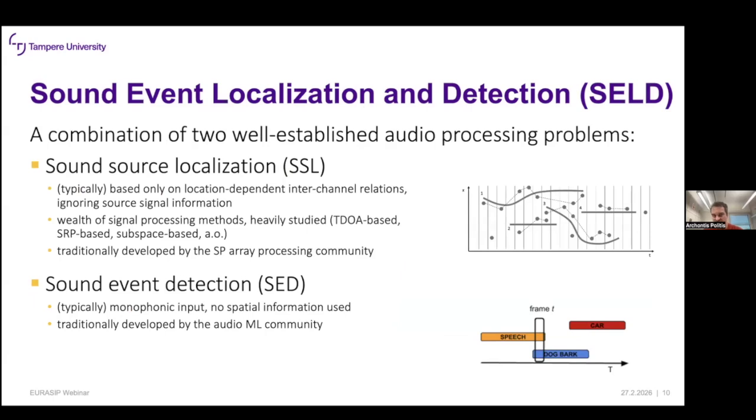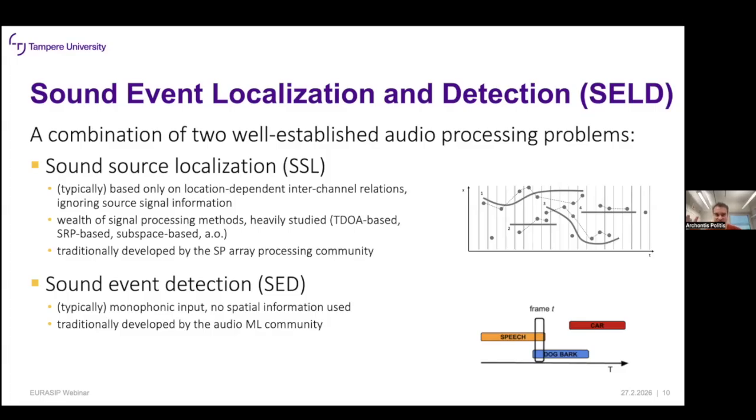So that brings us to this sound event localization and detection task that we have worked on for some time, and also others. At the first level, it can be seen as a combination of two very well-established audio processing problems.